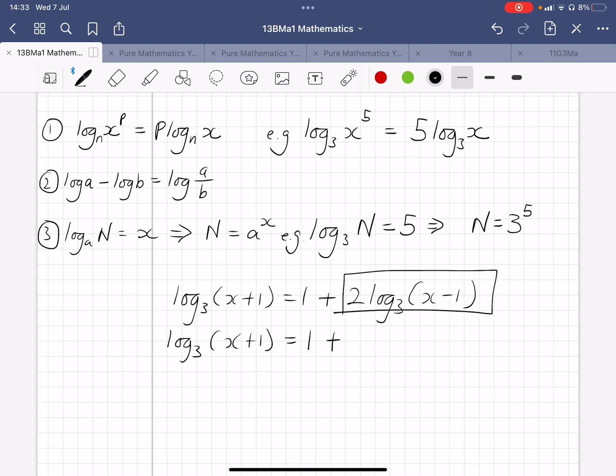If you look at that in the rectangle, if I apply rule 1, that straight away gives me the big number at the top becomes the power. The 2 is removed from the log.